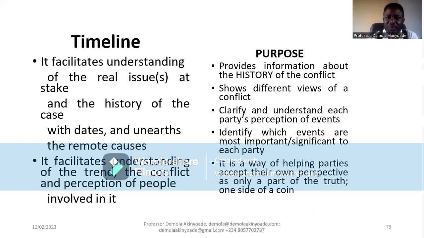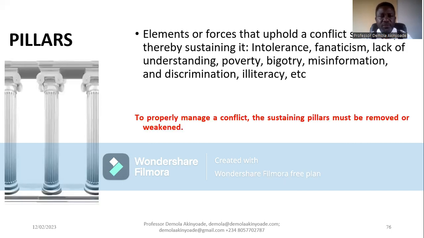It helps us to clarify how each party was interpreting a particular event happening at a particular time. And this will help in the resolution of the conflict.